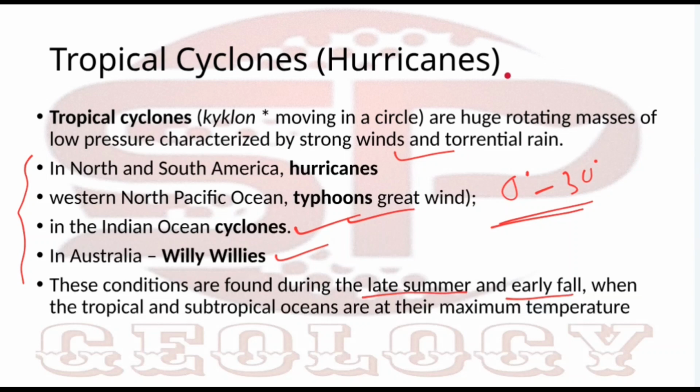Mostly, it is produced when the sea surface temperature increases above 26.5 degree, or sometimes 25 degree. So what is a tropical cyclone? How is it formed? We will discuss.